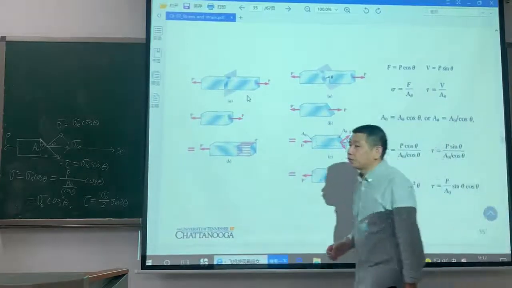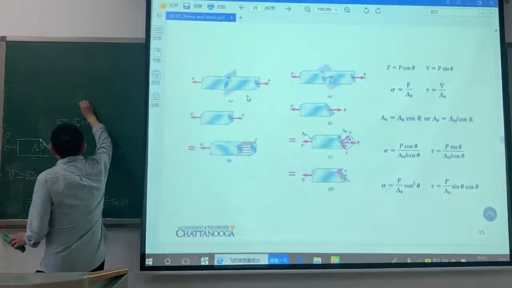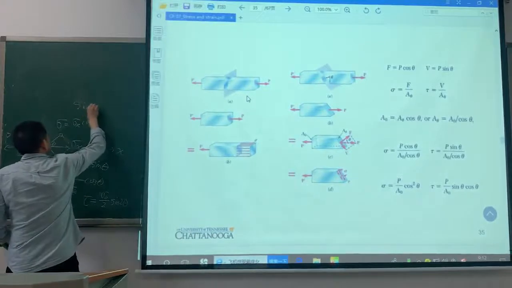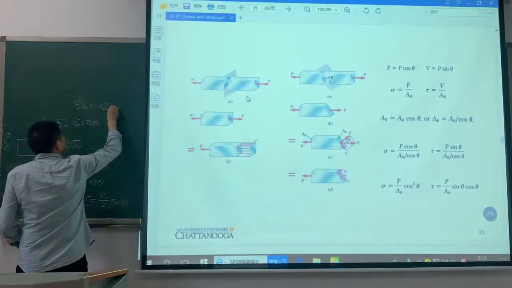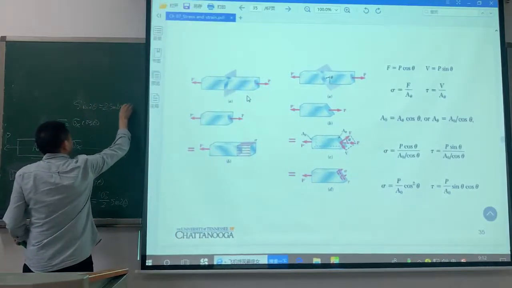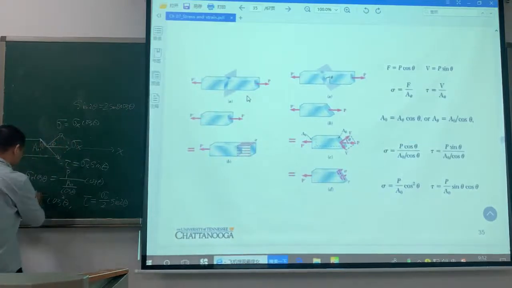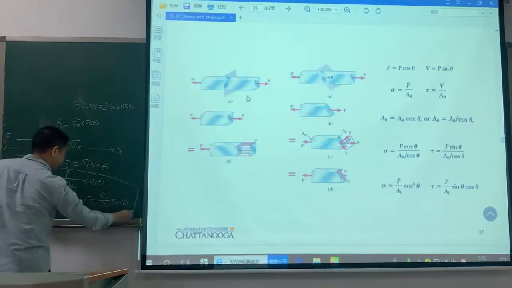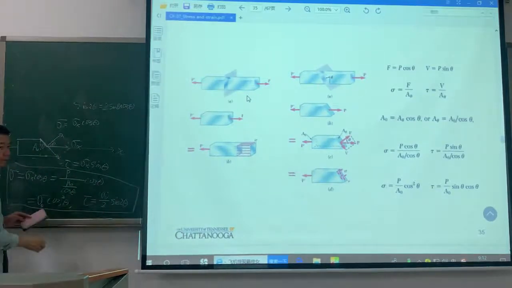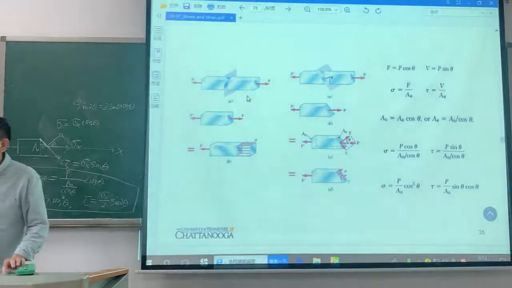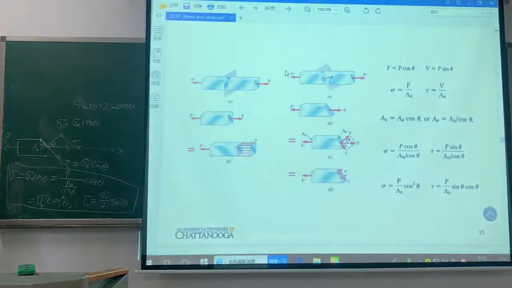Do you know the formula? Sin 2 theta is 2 sin theta cosine theta. So we can find the formula for the stress on the oblique surface.